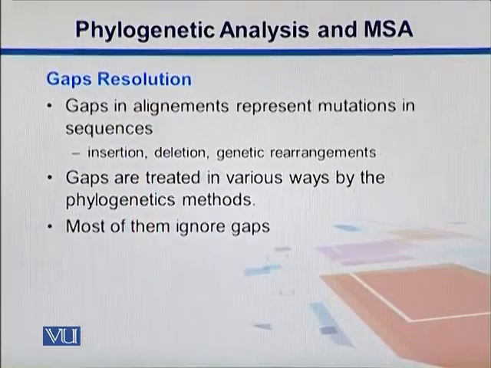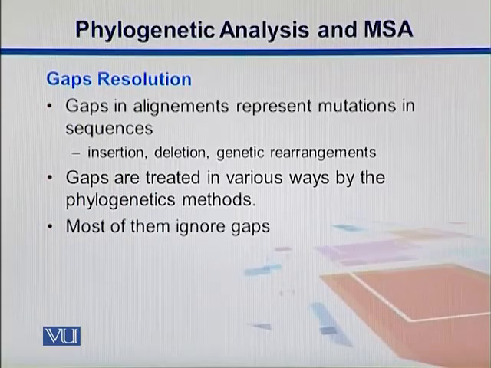How can we resolve gaps in the alignment? As far as evolution is concerned, the gaps in the alignments represent mutations. There can be insertions, deletions. On one side, we see that some nucleotide or amino acid is incorporated, but on the other side we don't see anything.